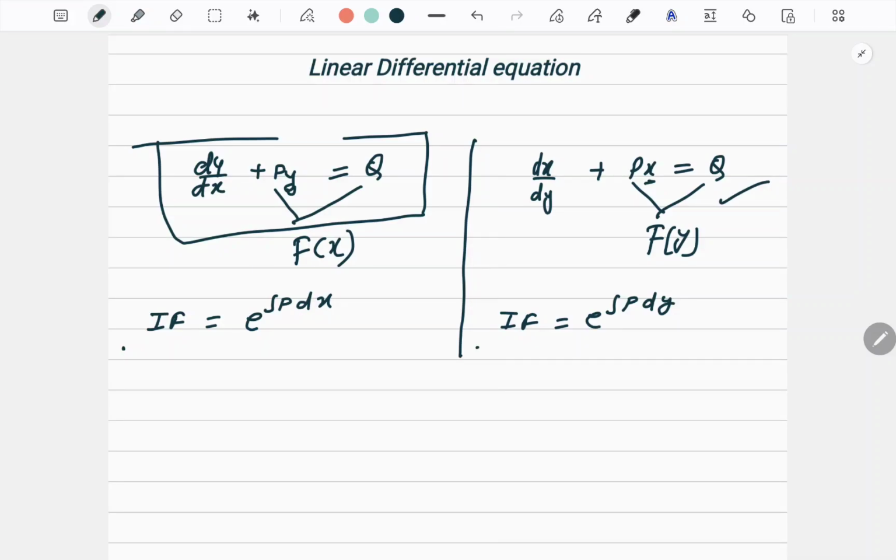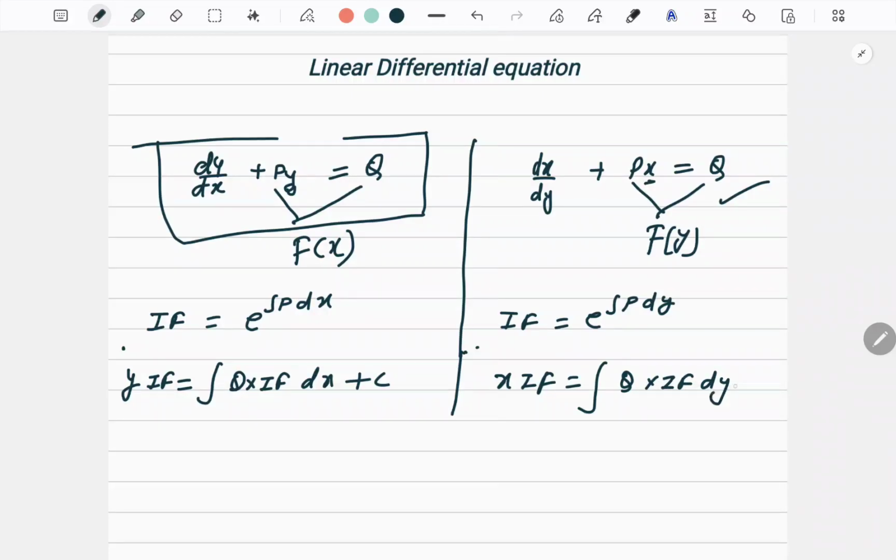Once you get the integrating factor, your answer is y into integrating factor is equal to integration of q into integrating factor dx plus c. And on this side, it is x into integrating factor is equal to integration of q into integrating factor dy plus c. Correct? So this is how you have to do the questions. Only thing, you have to recognize it and write it in this particular format.